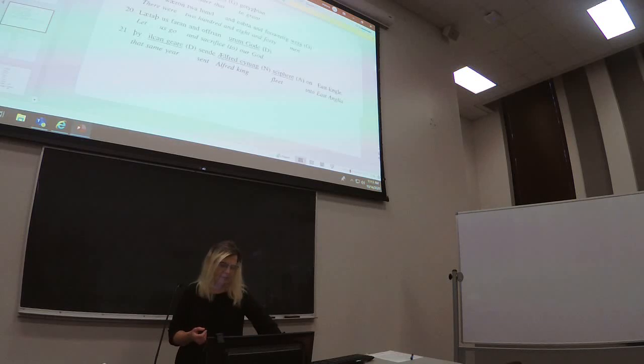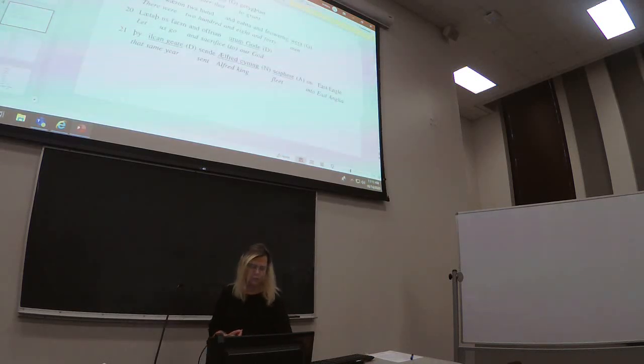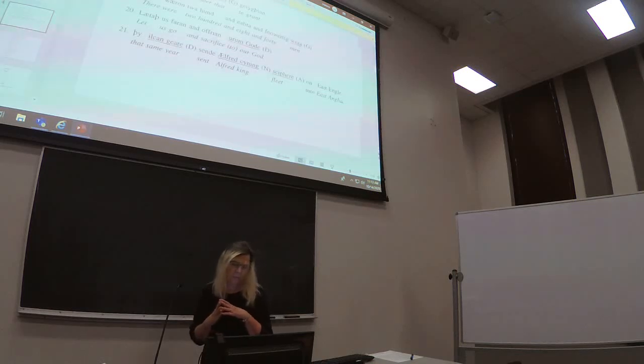So Old English used those contractions in a similar way as we use contractions for other things in present day English. So in 19 you have this grapheme here, which we haven't really talked much about. It's a capital thorn.